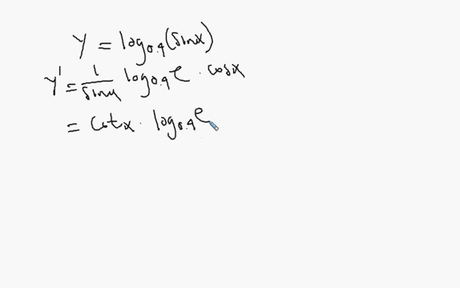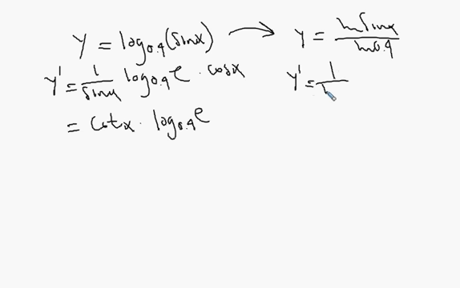Okay, another way to do that is to change the base so that y equals ln of sine of x over ln of 0.4. Okay, y prime then is, we're going to keep the constant, 1 over ln of 0.4, multiplied by the derivative of natural log of sine of x, which is 1 over sine of x times cosine x, which is, of course, cotangent x, over ln of 0.4.